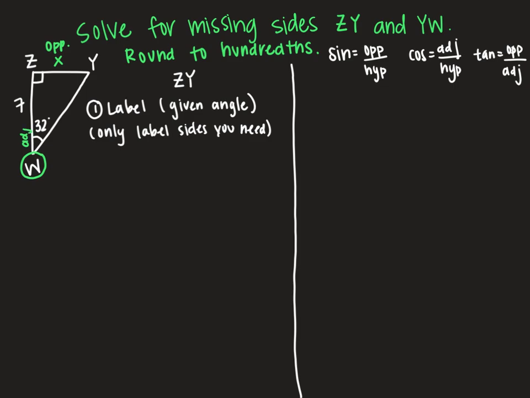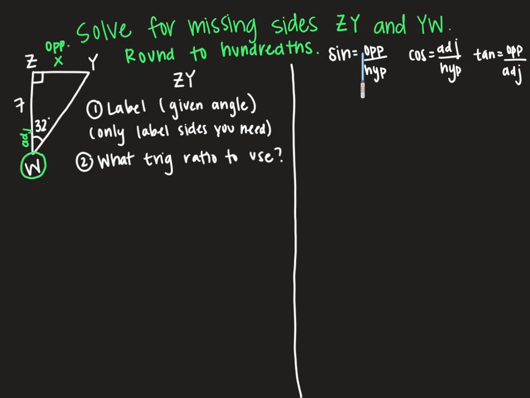Okay, so I have my opposite side and my adjacent side. So the next thing I need to do is figure out what trig ratio to use. So if I go over and look at my trig ratios, I want the trig ratio that has adjacent and opposite. There's only one.